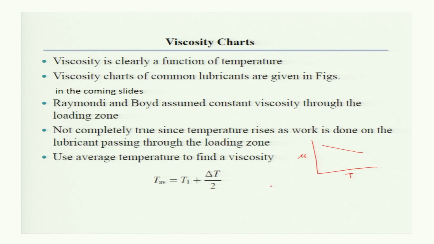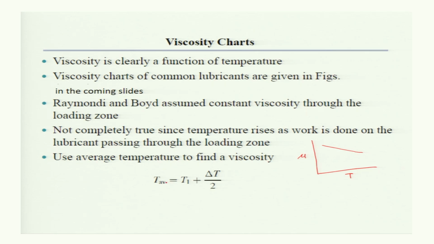So, viscosity is clearly a function of temperature. Viscosity charts of common lubricants are given in the figures in the coming slides. Raimondi and Boyd assumed constant viscosity through the loading zone. Not completely true, since temperature rises as work is done on the lubricant passing through the loading zone. Use average temperatures to find the viscosity.